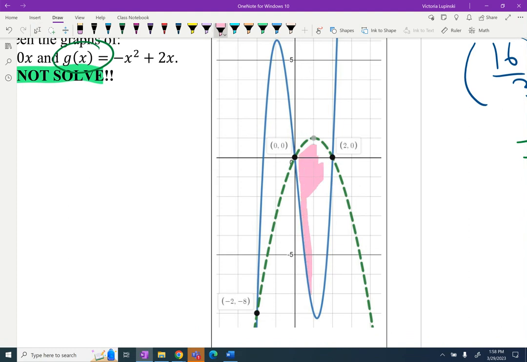This region here is bounded by those 2 curves. Remember, it has to be bounded on all sides. And then there's a second region here, and I'm going to put it in another color for a reason. If you don't have colors, that's fine, but I think it helps.